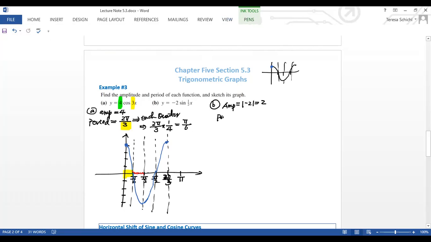Then the period: we know 1/2 of x is equal to 2 pi, so the period for x is 2 pi times 2, which is 4 pi. Because it's 4 pi, each quarter will be 4 pi divided by 4, so it's pi here.